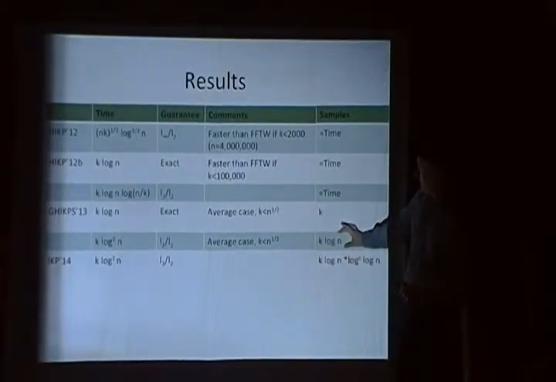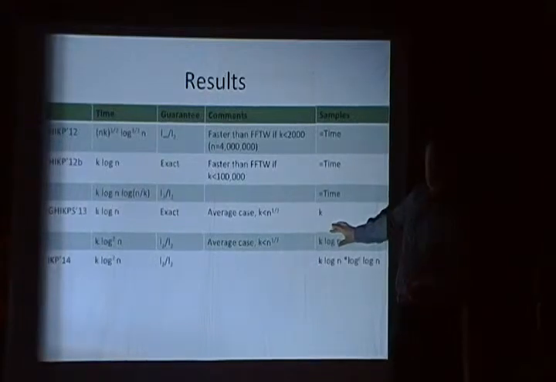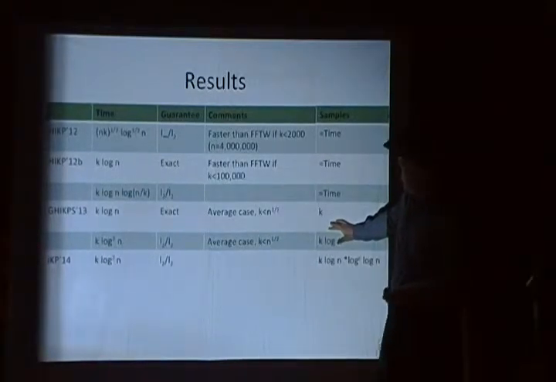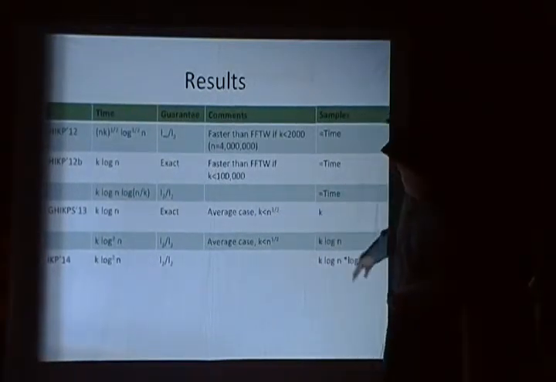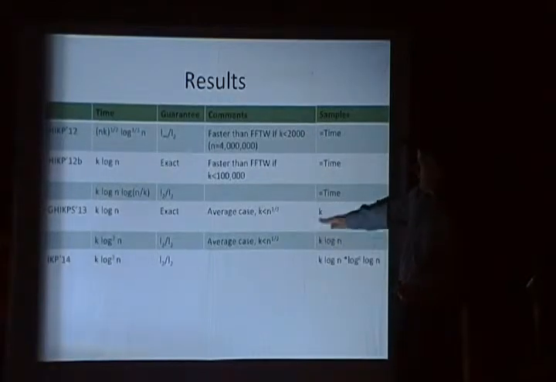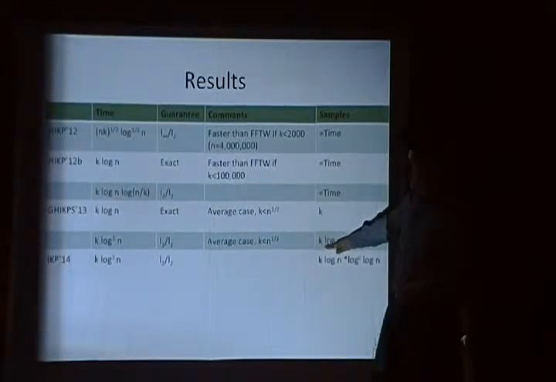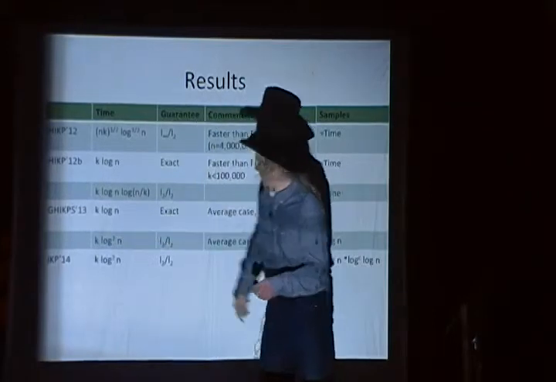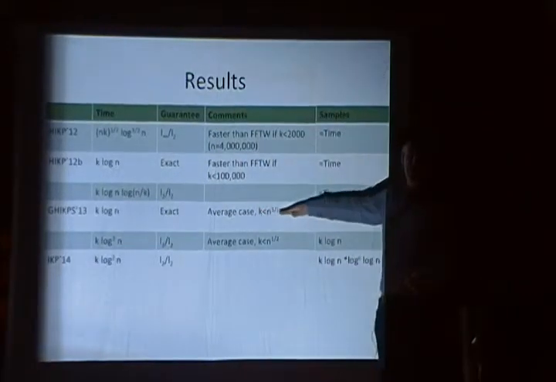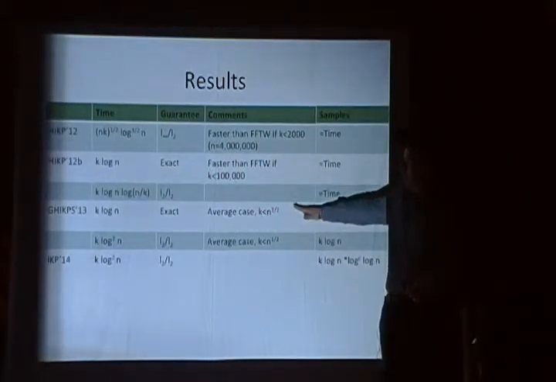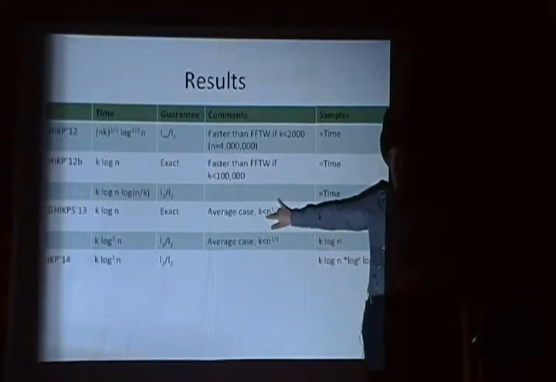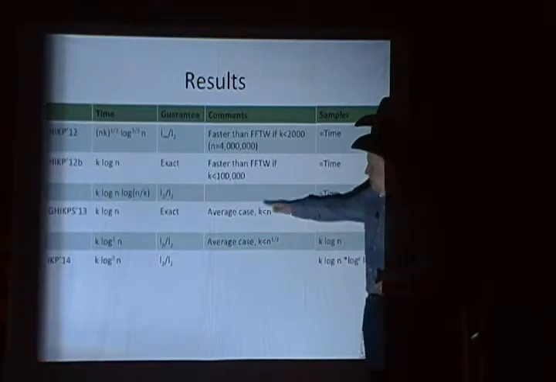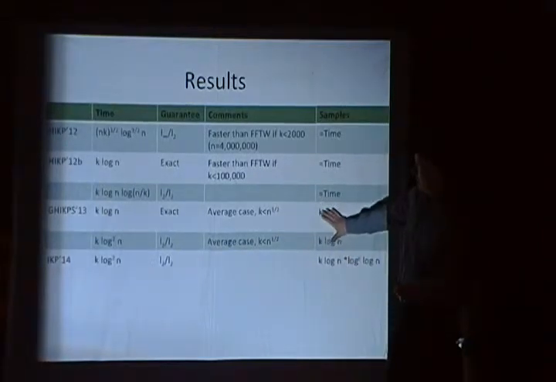And the number of samples for the general case is k log n, which is also optimal. So if this assumption is satisfied, then we are getting algorithms with optimal sample complexity, and also very efficient running time. Now these are important assumptions. We are assuming the average case, and we also assume upper bound dispersion. So this is certainly not free, but if this assumption is satisfied, you are getting very simple, efficient algorithms.